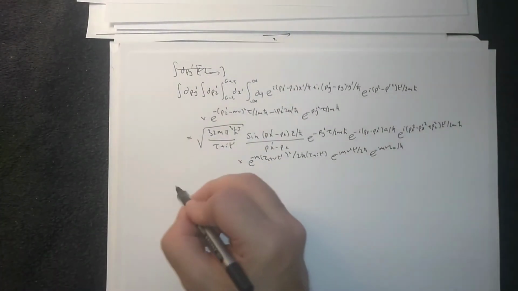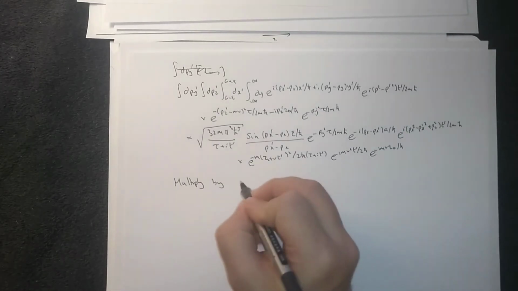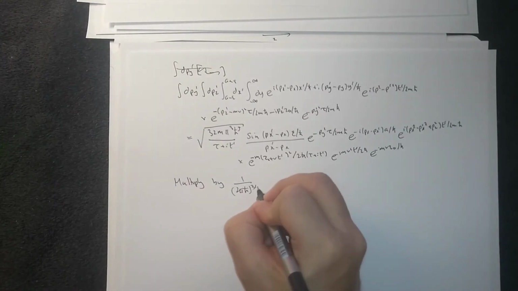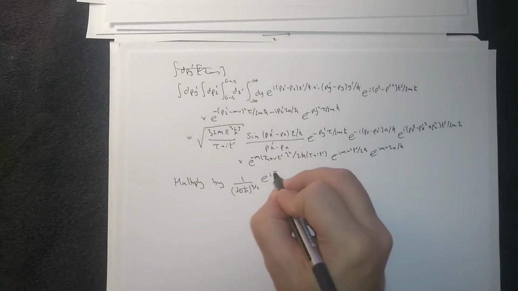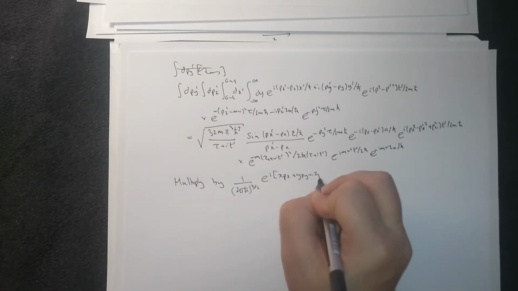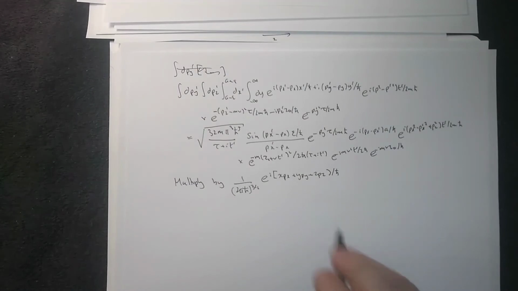Now let's multiply by 1 over (2 pi h bar) to the 3 over 2, e to the i (x px plus y py plus z pz) over h bar, that will turn the momentum space representation into an ordinary wave function in configuration space.